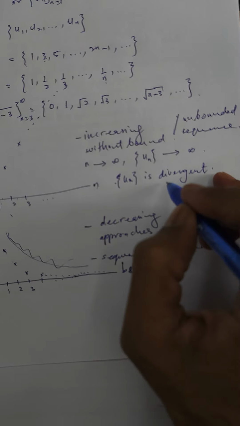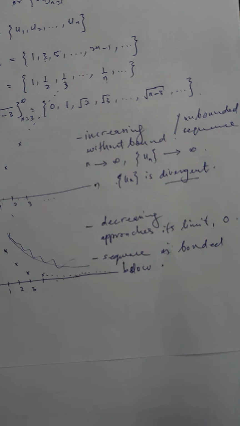Okay, so that's the third term I introduced to you. We have increase, decrease, bounded, unbounded.